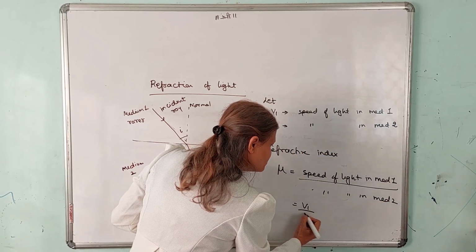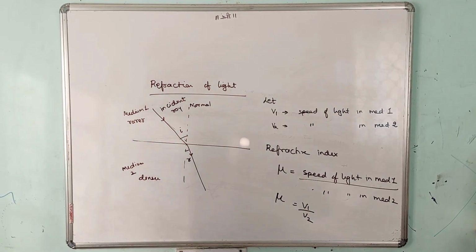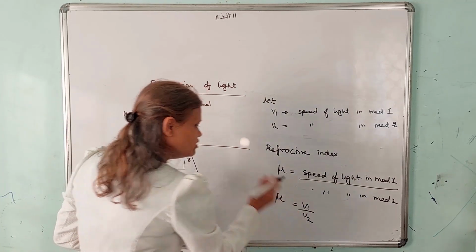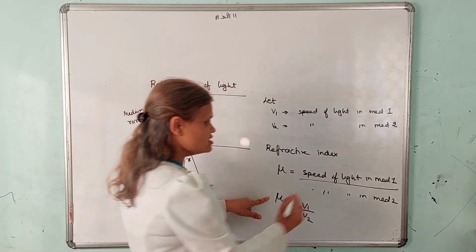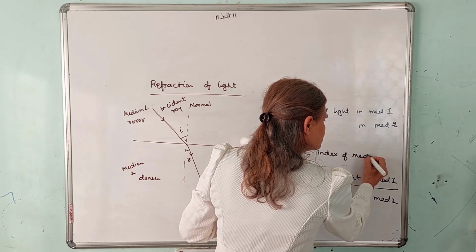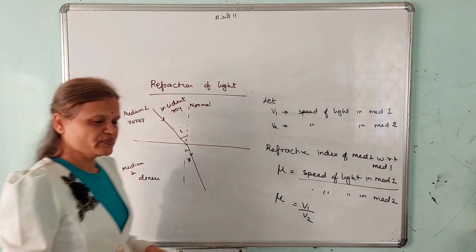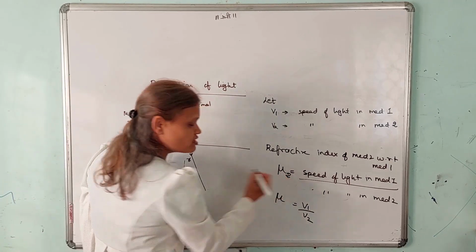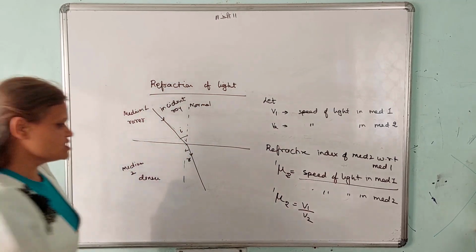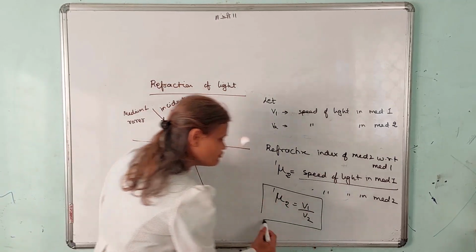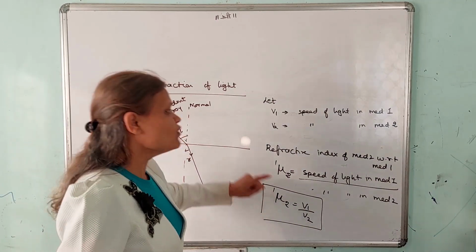So if you know the speeds, we can find the refractive index, which is constant for that given pair of media, that is v1 by v2. We denote this as the refractive index of medium 2 with respect to medium 1. So we write it like this, refractive index of 2 with respect to 1. This is the first formula for the refractive index, that is mu.